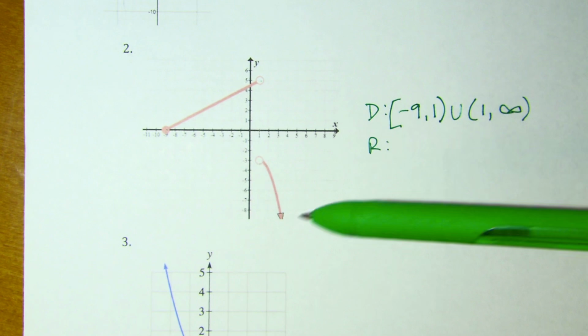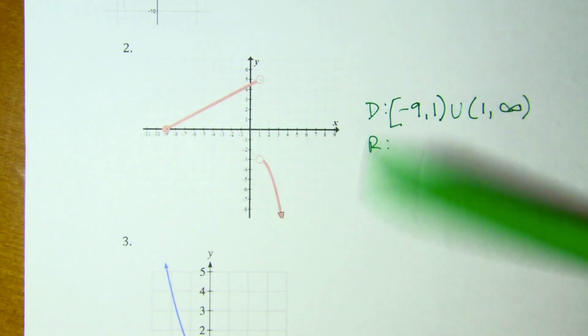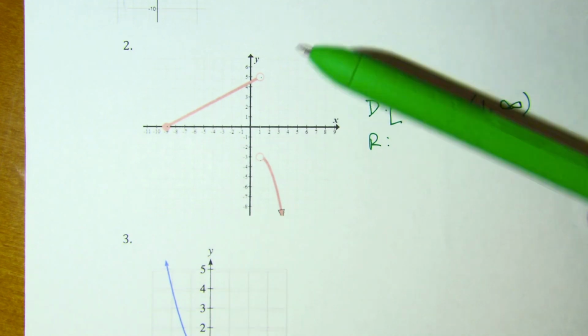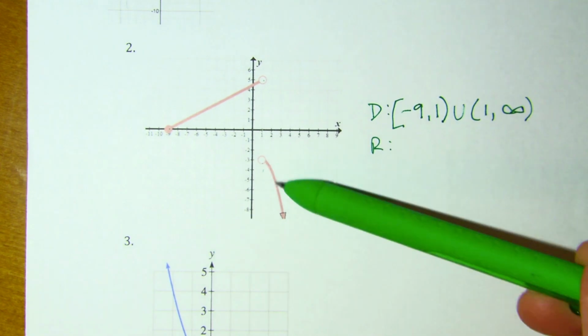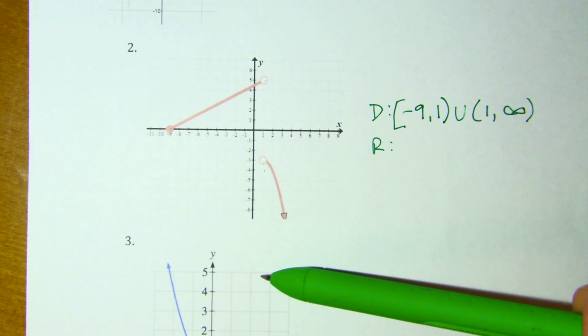Now the range we approach in a similar way, but instead of looking at the x-axis, we're looking at the y-axis. So you always want to be thinking about domain and range from least to greatest. Looking at my y-axis thinking least to greatest, if this arrow is going down forever and ever, I'm never going to hit that bottom value.